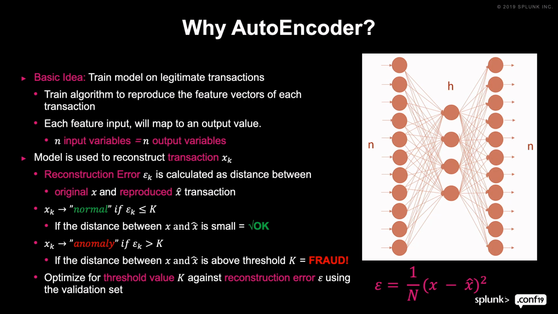There's something off about them. I'm not able to accurately predict an output. And when I do the comparison, basically x minus x hat, I end up with that reconstruction error. So what you can do is take it a step further and optimize for K to minimize your false positives. And then you implement that in real time on new transactions coming in to give you information on whether this is a normal type of transaction, or something that looks more like a potential fraud candidate.